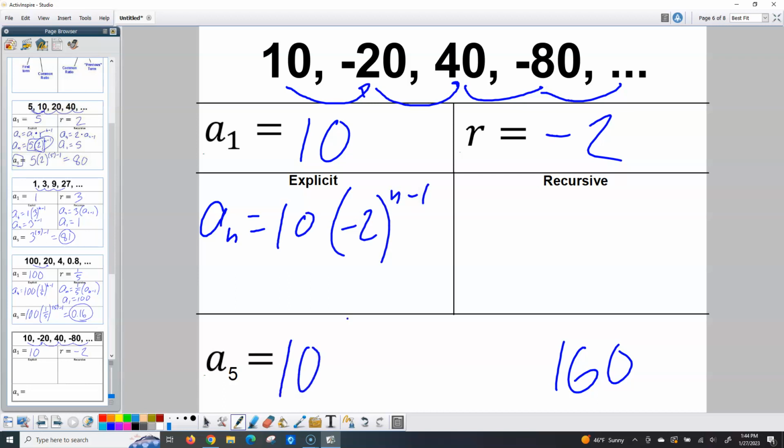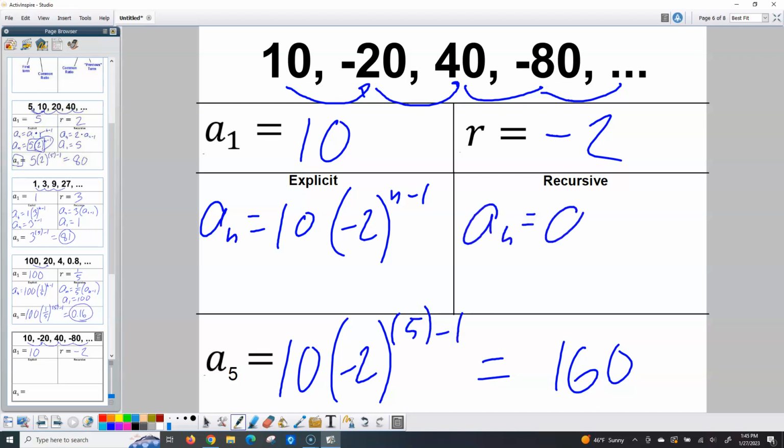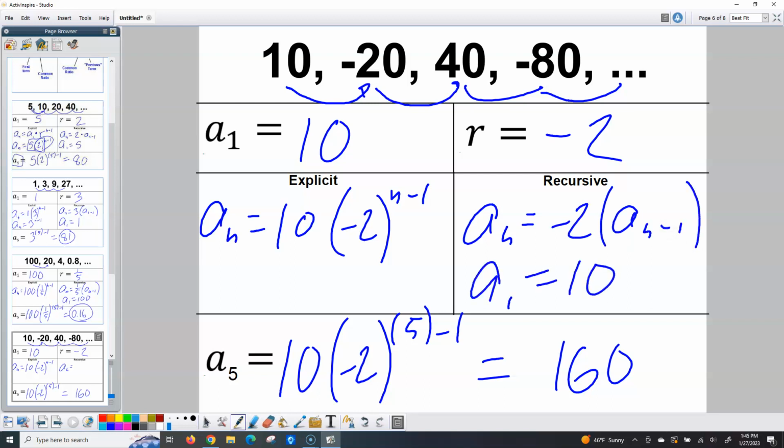And I could plug in 5 for the fifth term right there, and give me 160. The recursive is the ratio times a sub n minus 1, and a sub 1 is 10.